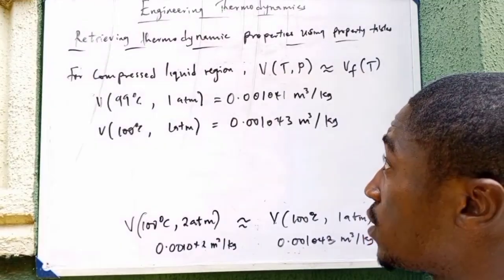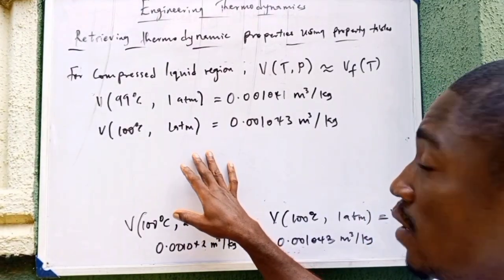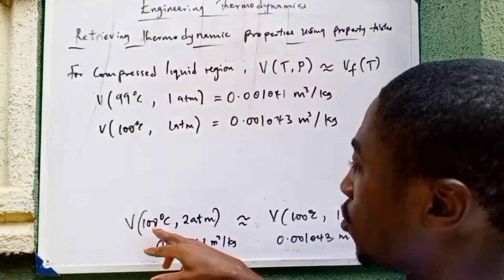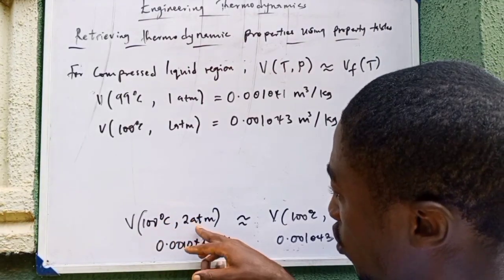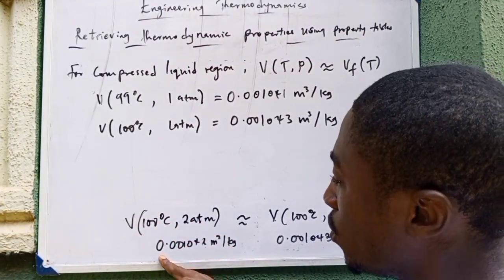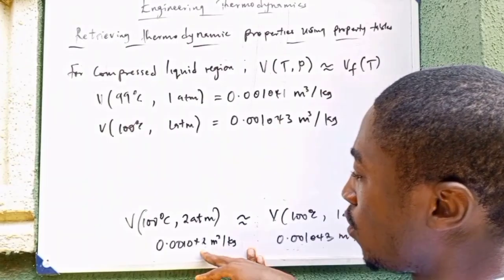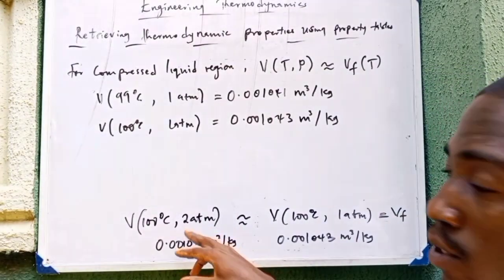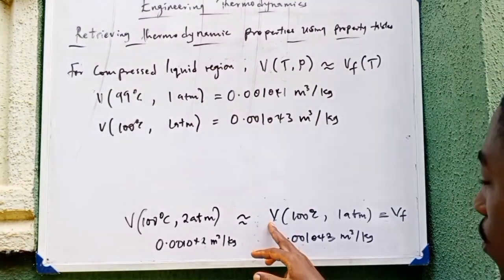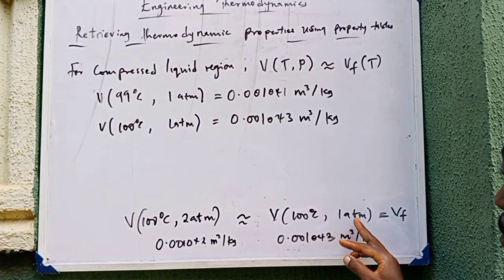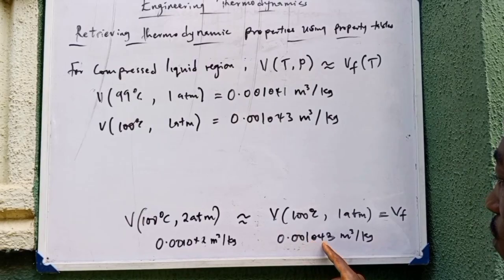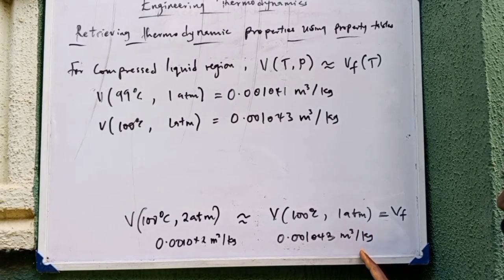So for example, let's look at this. These are values for water. Now, specific volume at 100 degrees Celsius and pressure of 2 atm is equal to 0.001042 meter cube per kilogram. So here pressure is 2 atm. Specific volume at 100 degrees Celsius and pressure of 1 atm is equal to 0.001043 meter cube per kilogram.